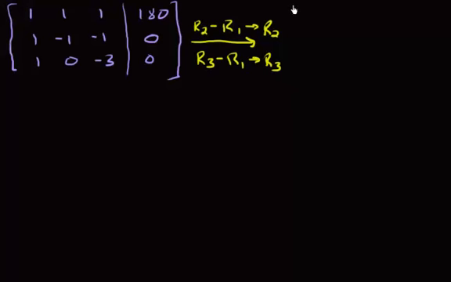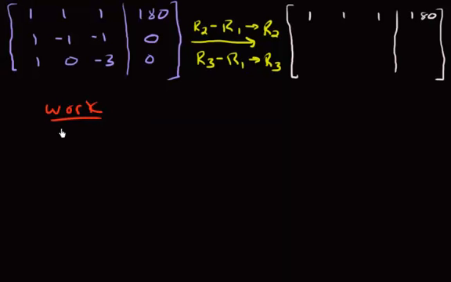Alright, so let's get started. We're not changing row 1, so I'll leave that alone. Alright, so let's go down and do our work. Let's do the first one. So we got row 2 minus row 1. We're going to store that back into row 2. So all the numbers from row 2: 1 minus 1 is 0.